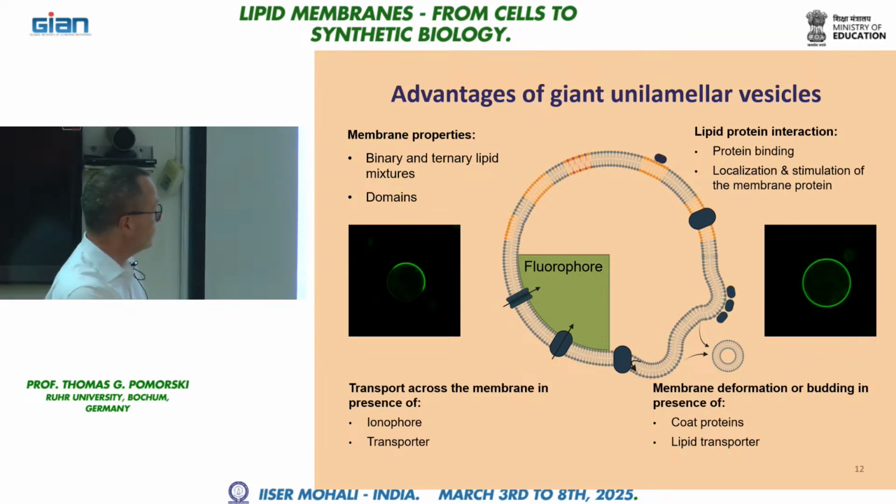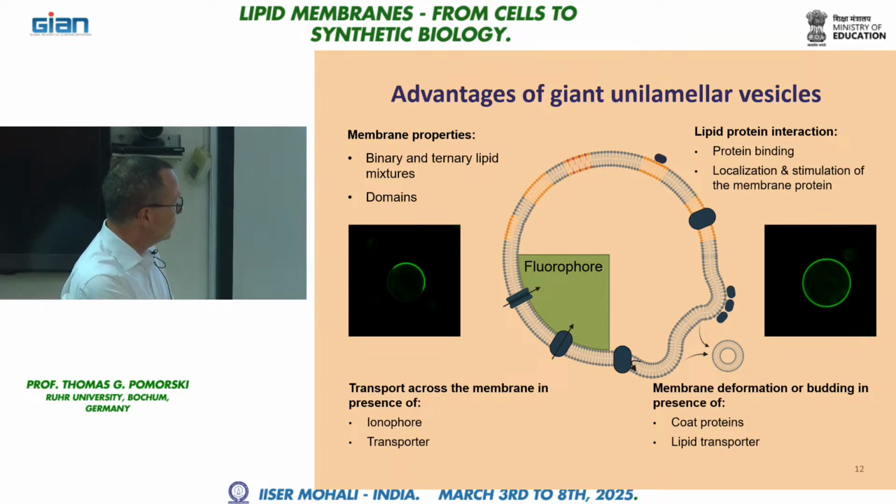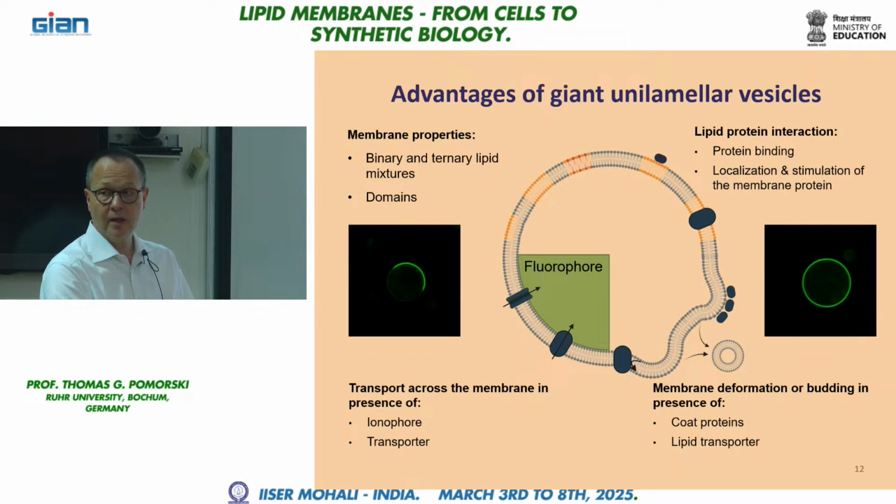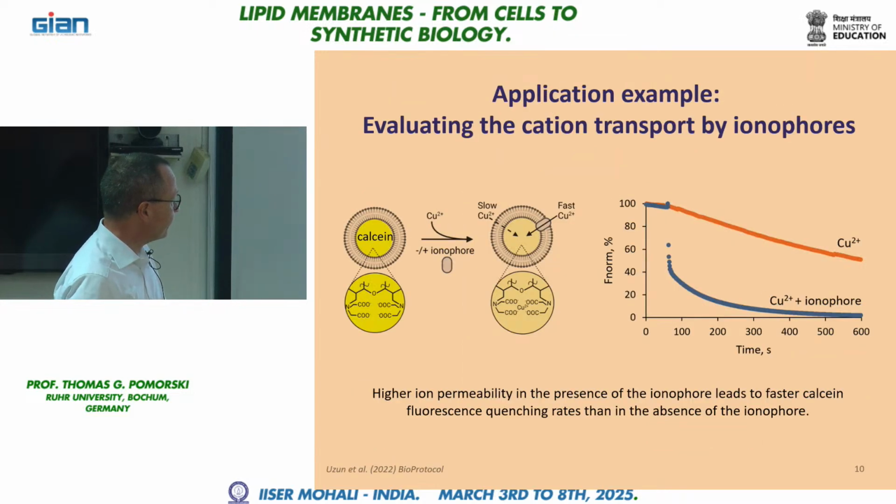So all these aspects you can study just on vesicles made of lipids. Other aspects need GUVs containing these membrane proteins. Maybe also just as a reminder, you can also use this system for protein-lipid interactions.